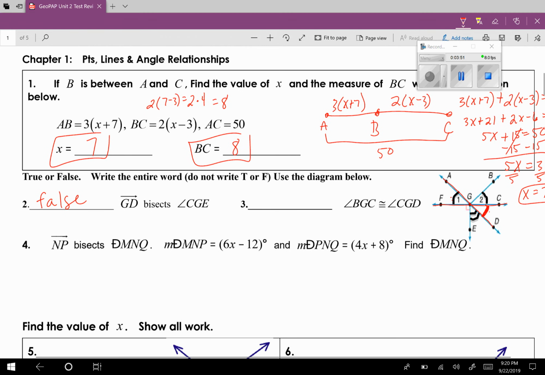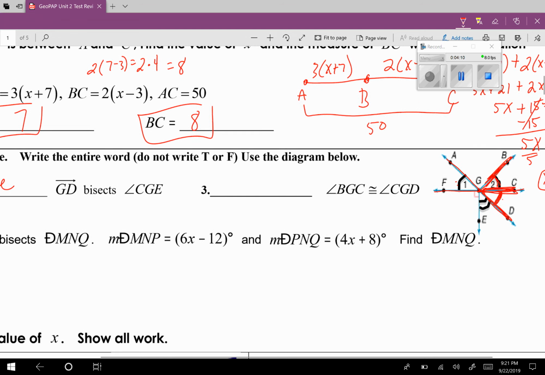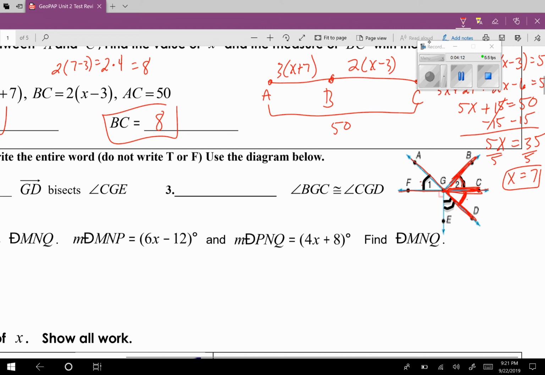Okay, now here, it says angle BGC. So BGC. This guy right here. They're asking, is this angle congruent to CGD, this other one right here? And, well, actually it is, because angle 1 and angle 2 have the same markings.